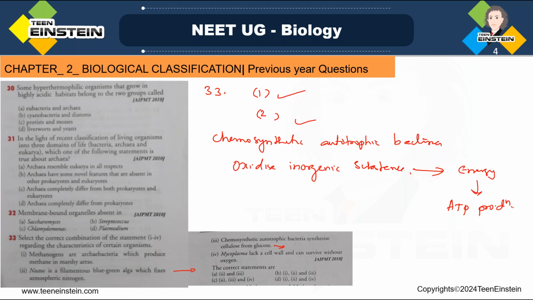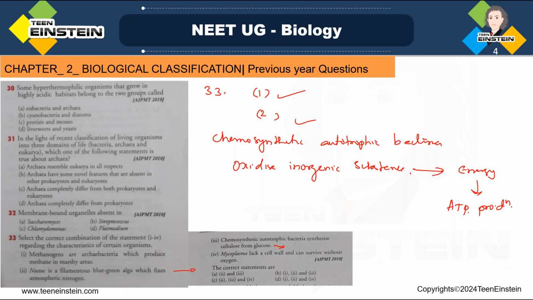So the incorrect statement is the third statement, chemosynthetic autotrophic bacteria synthesize cellulose from glucose. That is a wrong statement. How can we correct that third statement? Chemosynthetic autotrophic bacteria oxidize inorganic substances like ammonia and nitrite, and they release energy, and this energy is utilized for their ATP production.